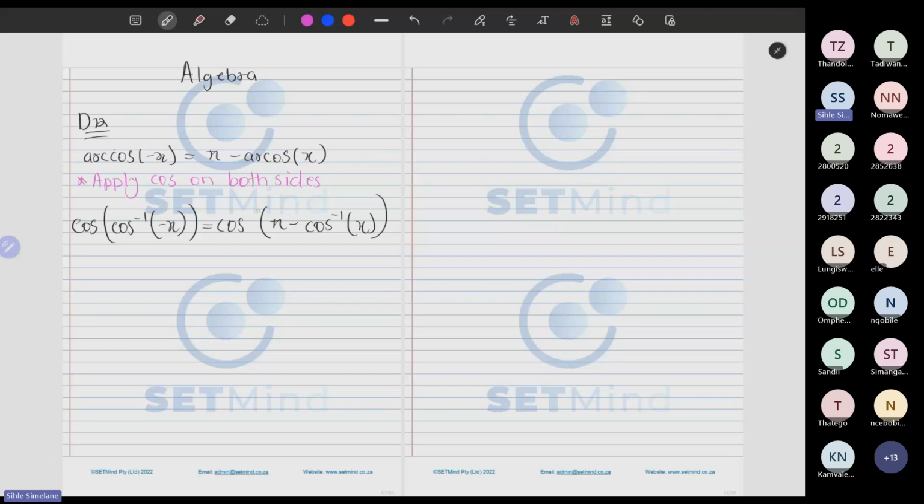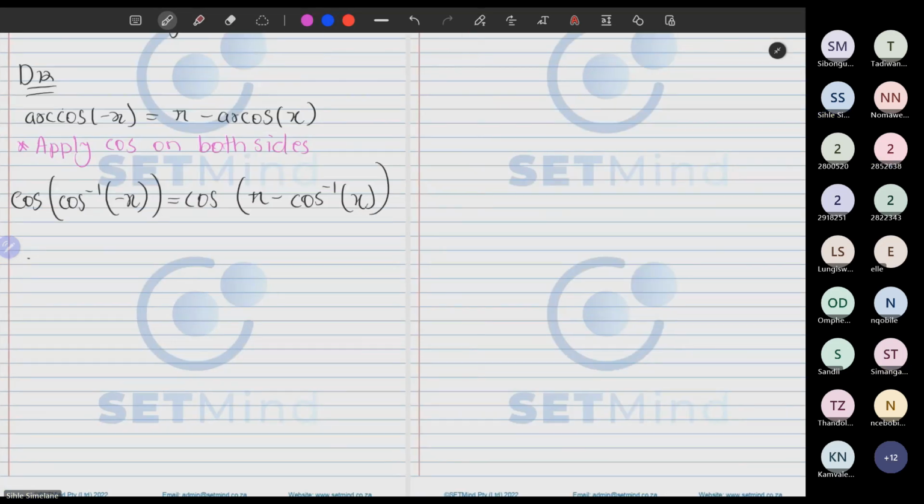And then the question is, what is cos of arc cos of something? It is that thing. So it should be minus x.